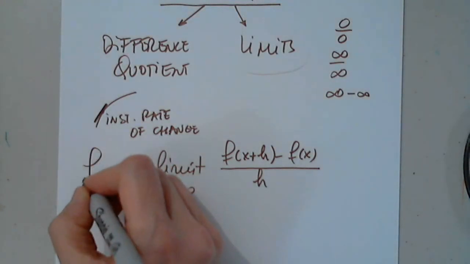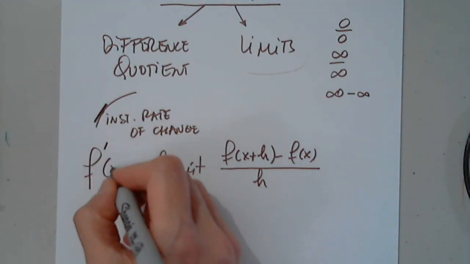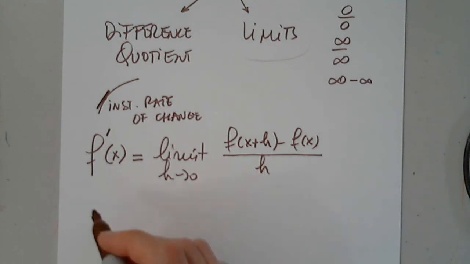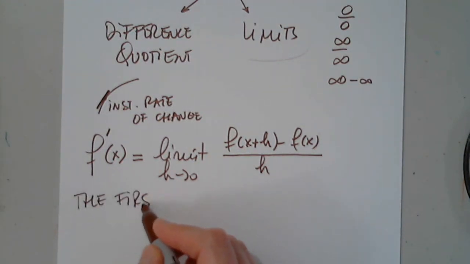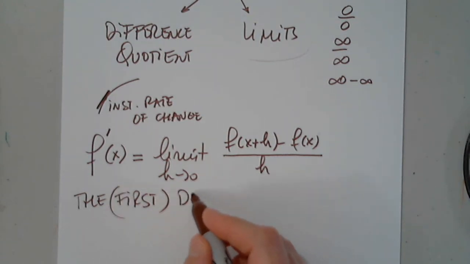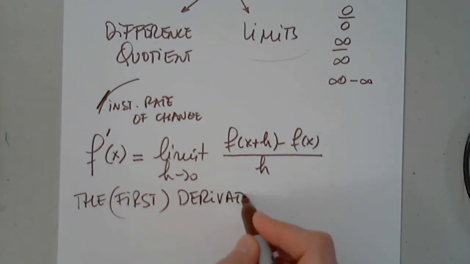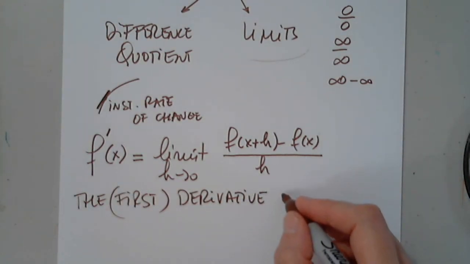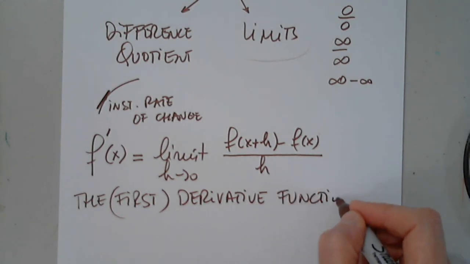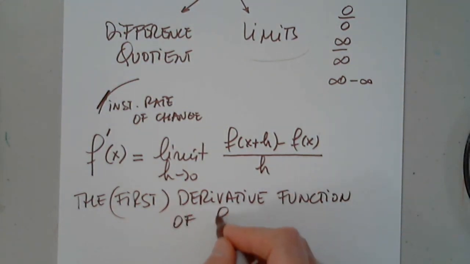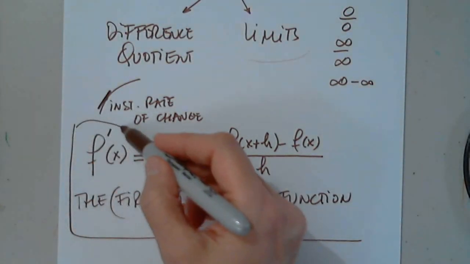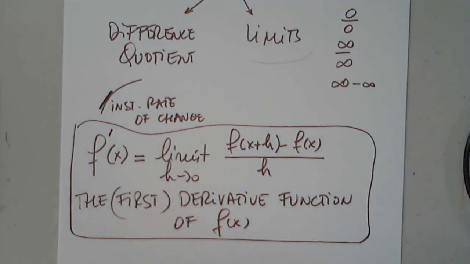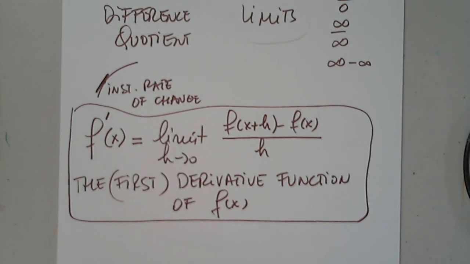Here's the notation. It's called the derivative, first, let's say. The first derivative function of f of x. And this is the only definition.